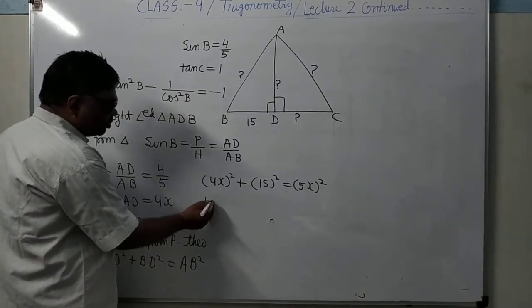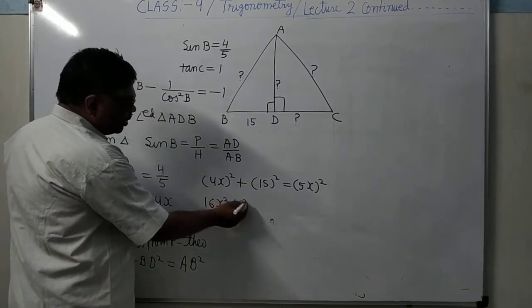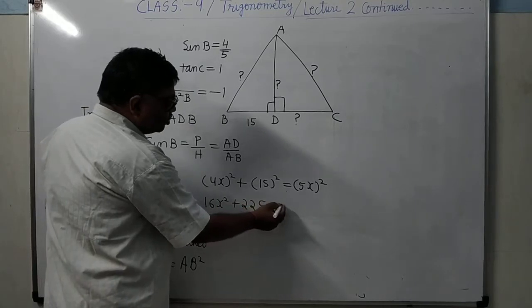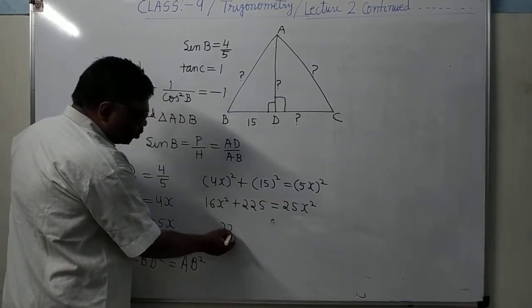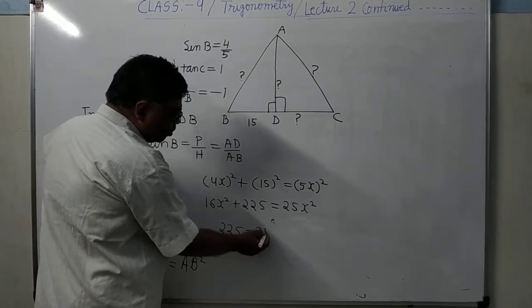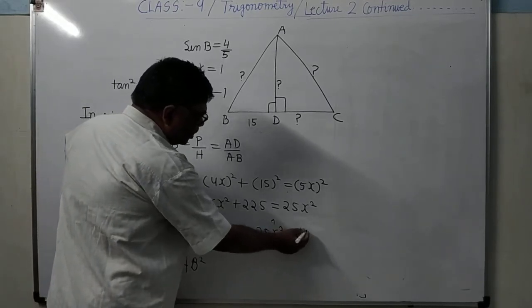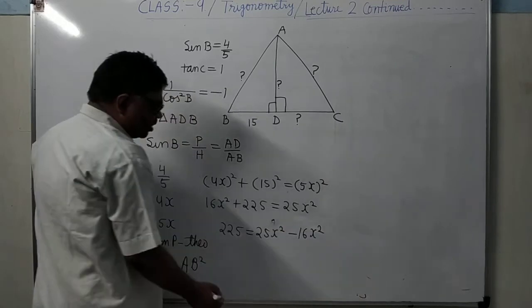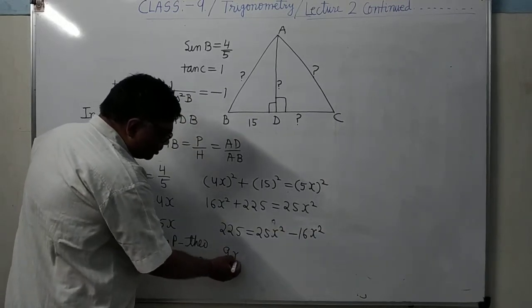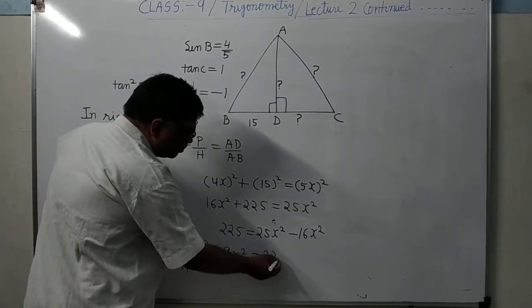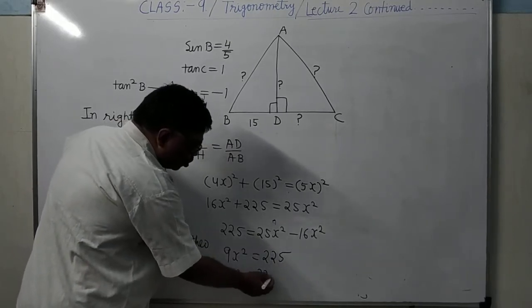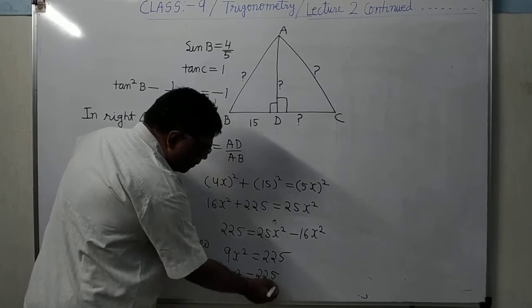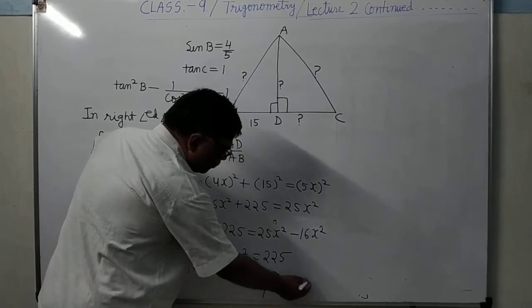Simplify this: 16x square plus 225 equals 25x square. So 225 equals 25x square minus 16x square, that is 9x square. So x square equals 225 upon 9, that is 25.